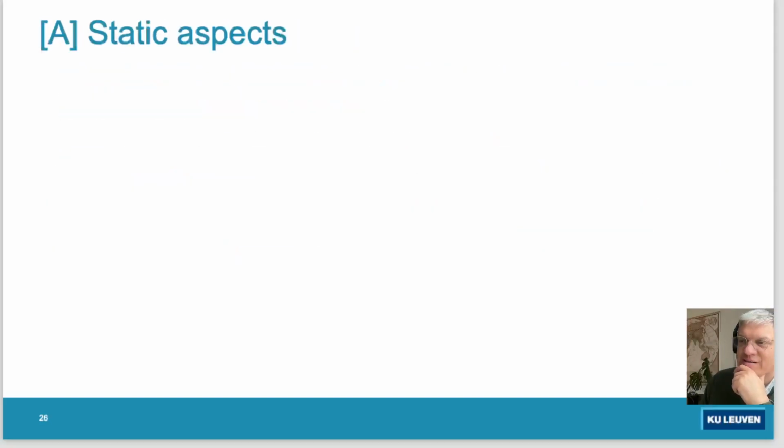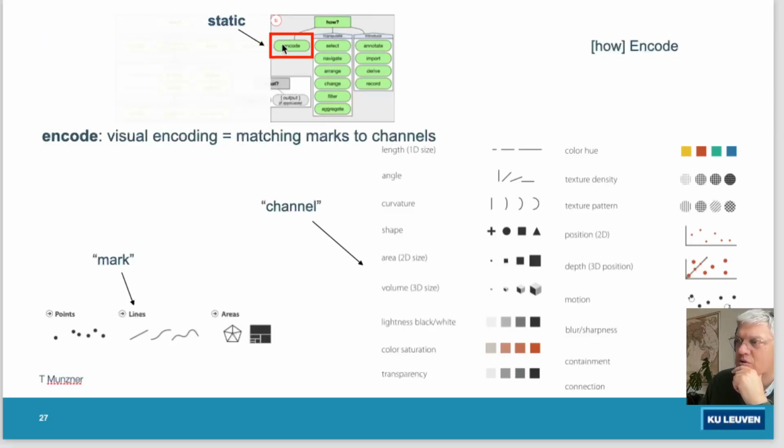First, looking at the static aspects, so the encoding, right? Like I told you earlier, the task that someone does is always a combination of a verb and a noun, to compare trends, for example.